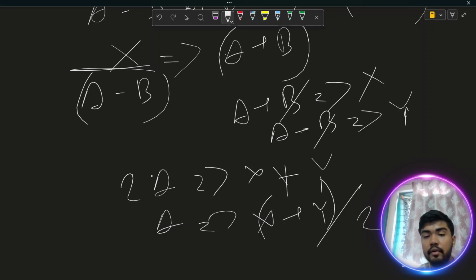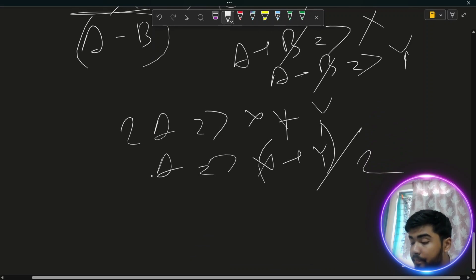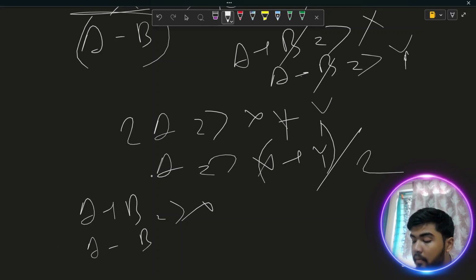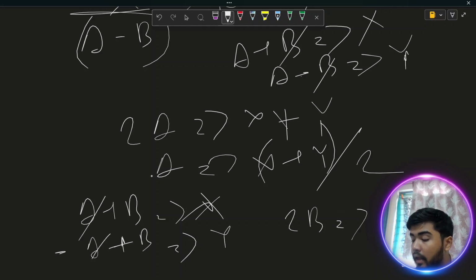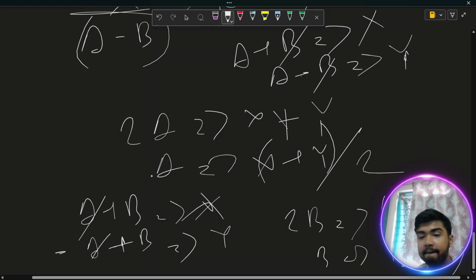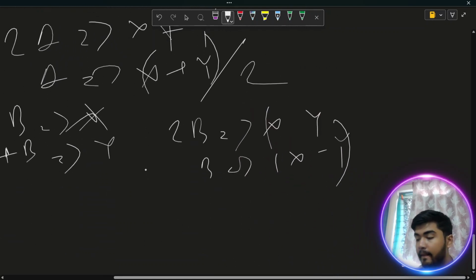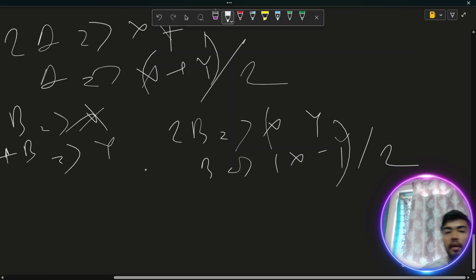Similarly, if we negate a minus b, minus of minus is plus, a gets cancelled, so 2b equals x minus y. So b should be x minus y by 2.